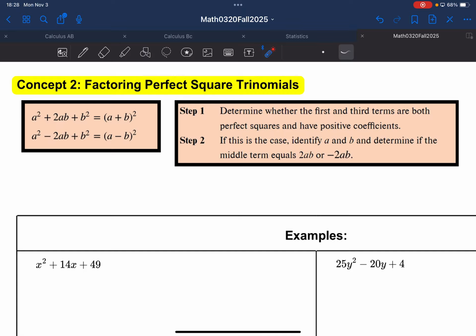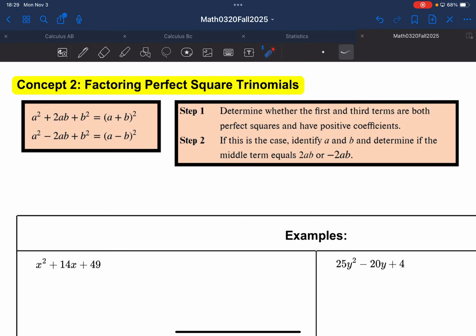So in this case, we are able to get something that looks like a plus b squared and a minus b squared. And it's going to depend on what the sign is for that middle term. So notice if the sign is positive, this is going to be a plus b squared. Or if the sign is negative, it's going to be a minus b squared.